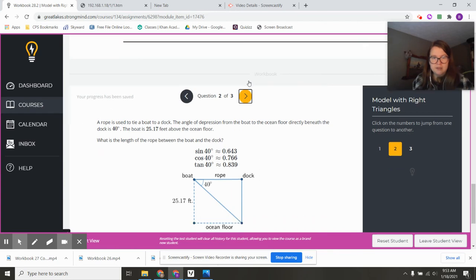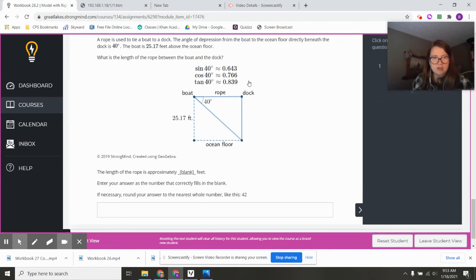Okay, next one. So we have 40 degrees right there. We have the angle of depression is 40. Which if this is 25.17, then this over here is 25.17. And we are supposed to find the length of the rope. So that is the adjacent, and we have the opposite.